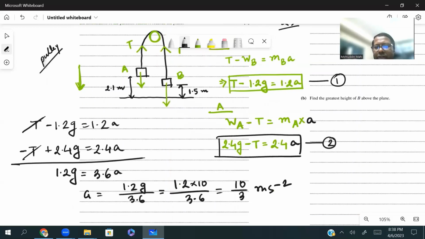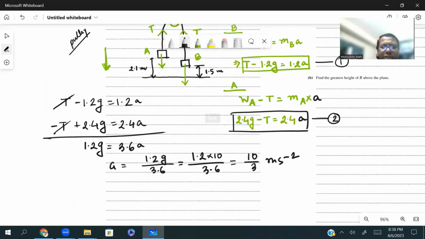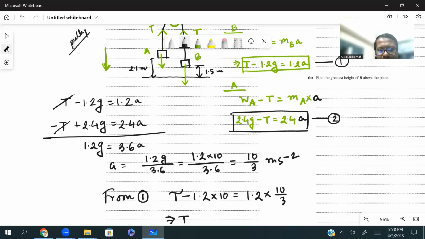And you can put the value of that acceleration in either equation 1 or 2 to find the corresponding value of tension. So from 1, tension minus 1.2 into 10 equals 1.2 into 10 by 3. If you make T the subject, the value of T is going to be 16.